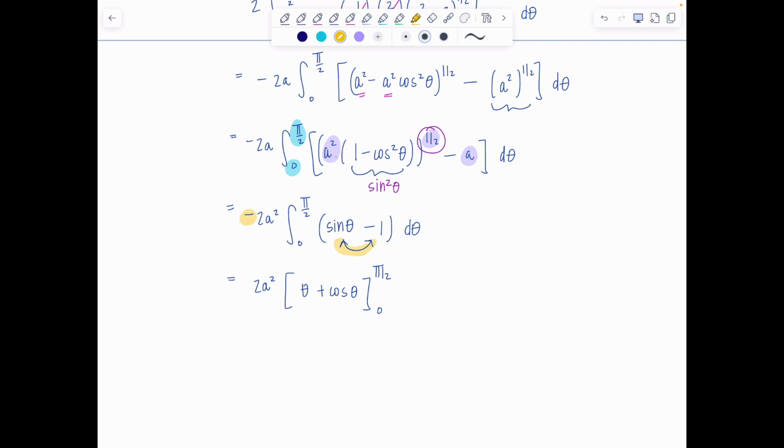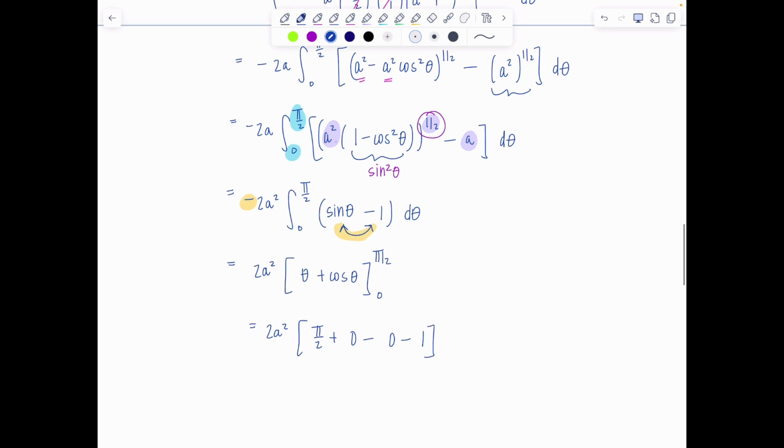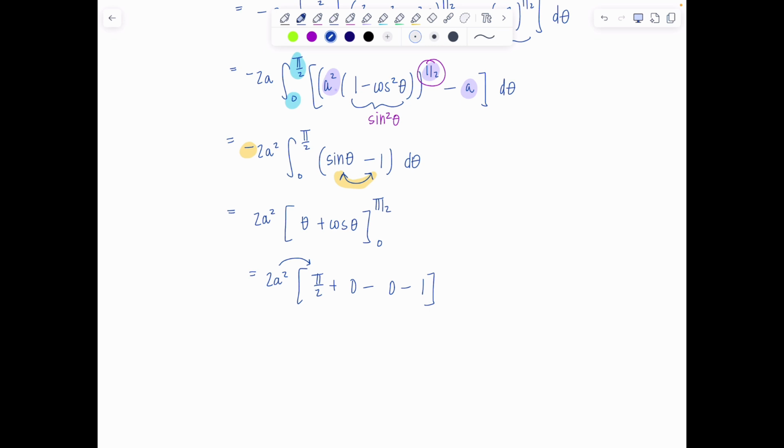That looks so nice, right? Okay, and then we're done. So 2a squared times pi over 2 plus cosine pi over 2, which is 0, minus 0 minus cosine 0, which is 1. And then for this one, I would distribute the 2 through just because it'll make it cuter. So then I would leave it a squared times pi minus 2.